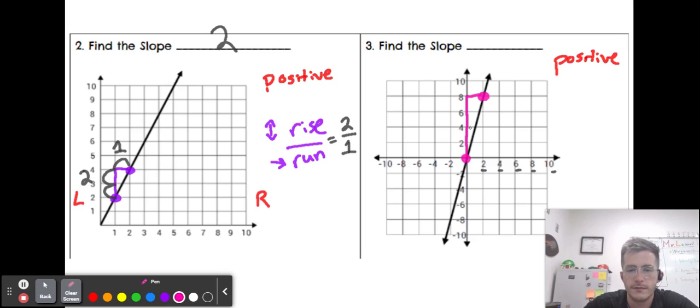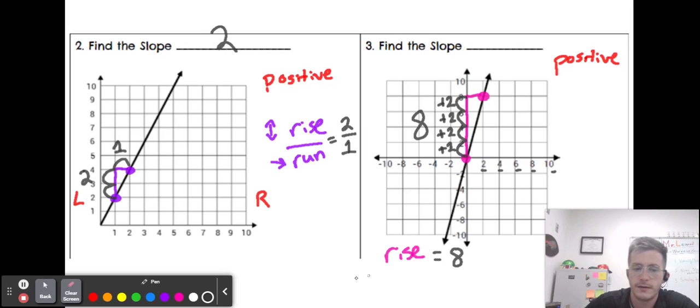Now I can start counting for my rise over run. My rise in this case, remember I'm counting by 2s on here, right? So that would be 2 right there, 4, 6, and 8. So each one of those jumps was +2, +2, +2, +2. So that would be 8 total for my rise. Rise equals 8.